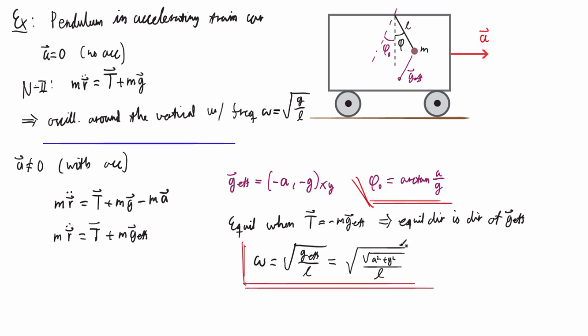And that again is the same result that we got when we solved this problem with the Lagrangian method. The pendulum is swinging around some direction which isn't vertical, but is given by the arctangent of a over g. And the frequency is not the square root of g over L, it's the square root of this quantity here.